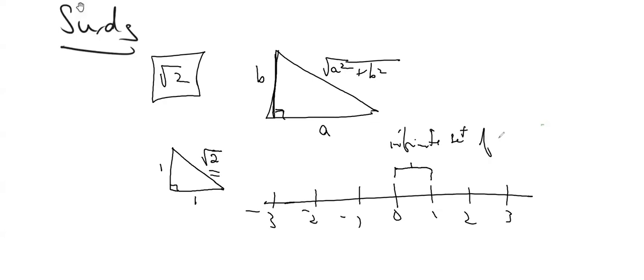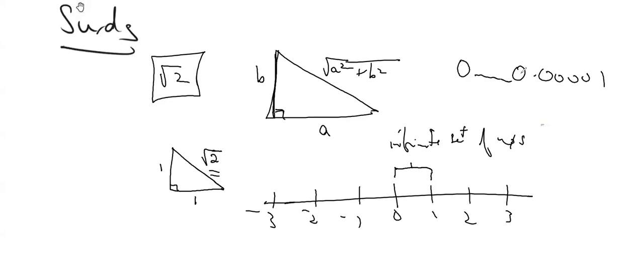As a matter of fact, between any two real numbers, there is an infinite set of numbers, no matter how close. If you take the number 0 and the number 0.00001, there's an infinite number of numbers between them.